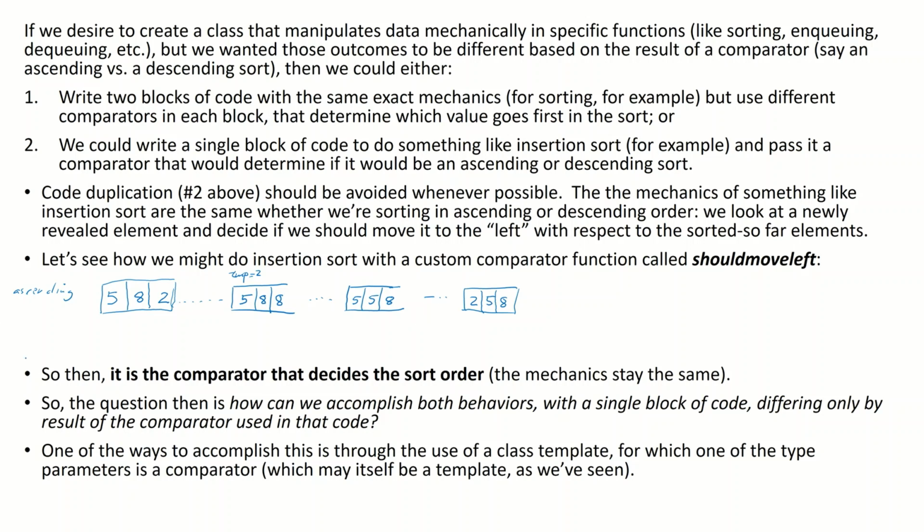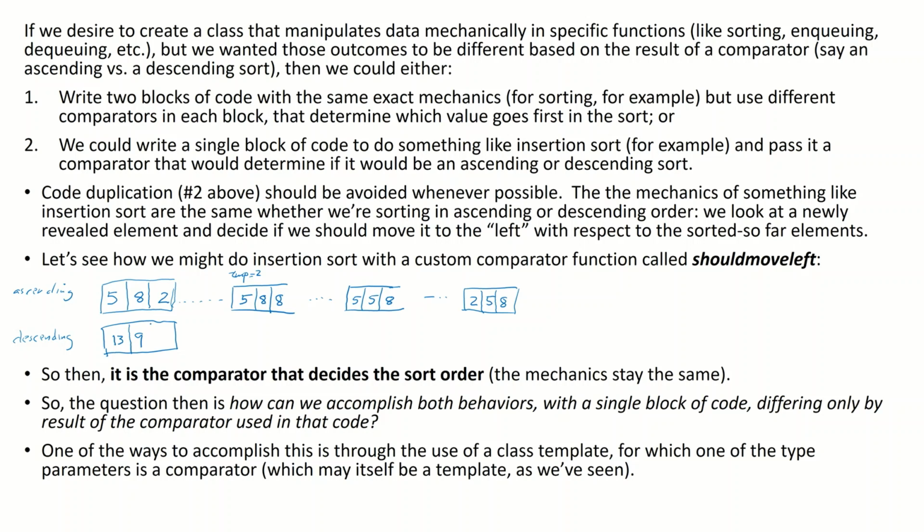Let's take a look at a descending order sort, and let's use our same custom comparison. Should I move this number to the left? Okay, so we're going to do a descending order sort. So let's label this. And here's my data. Okay, and I'm going to say that 13 by itself is already sorted. So now I reveal the 9.